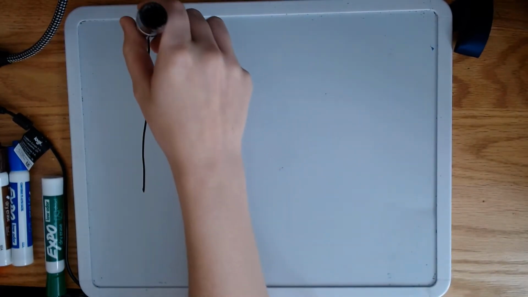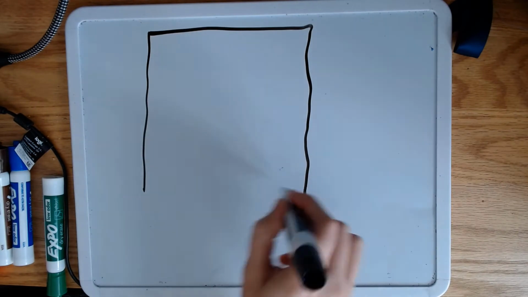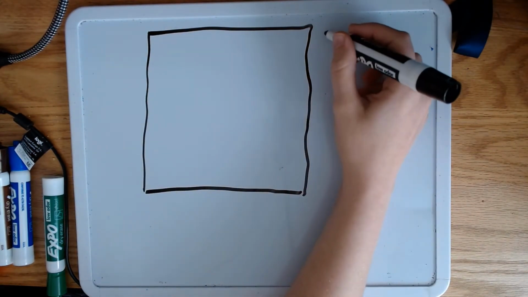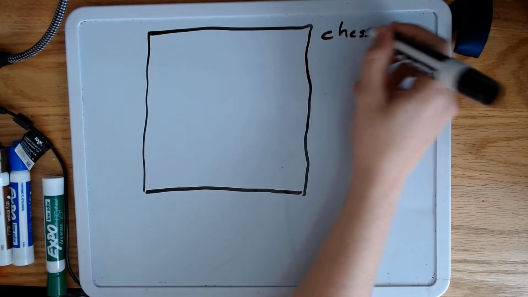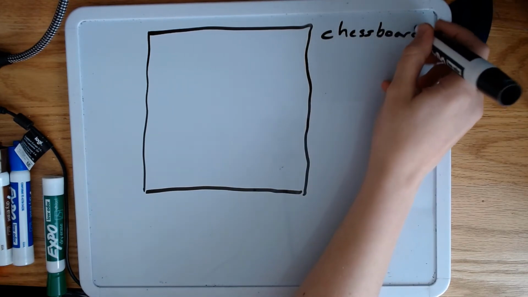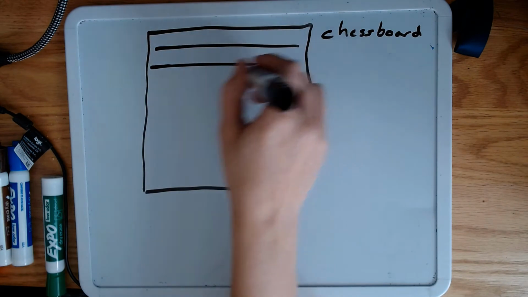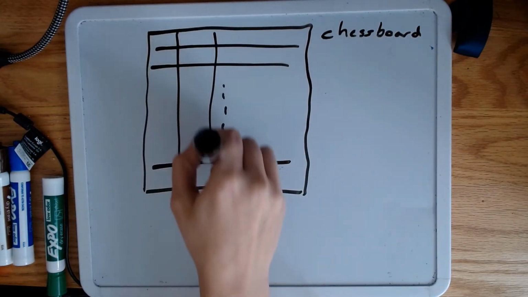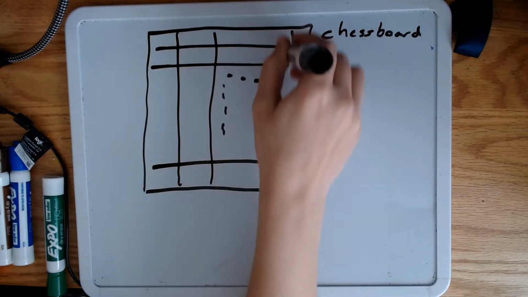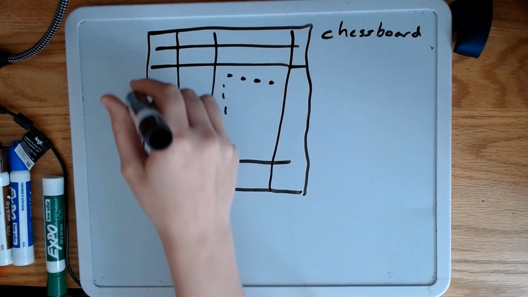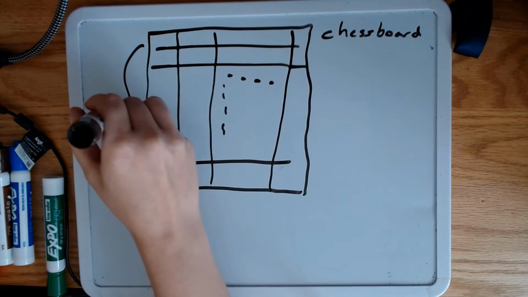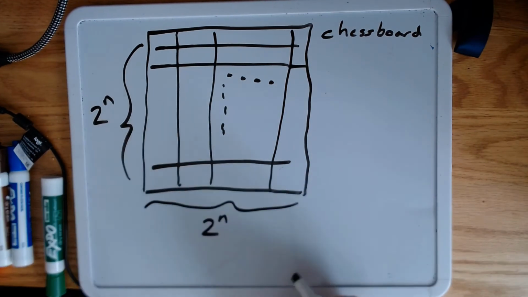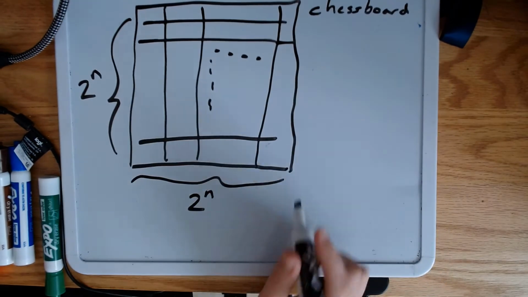So let's imagine that we have a chessboard. Right? It has some rows, some columns. And let's say the number of squares on each side is 2 to the n.